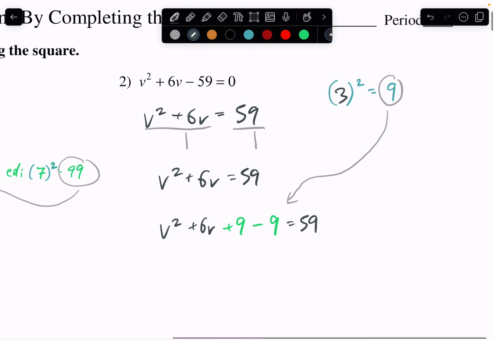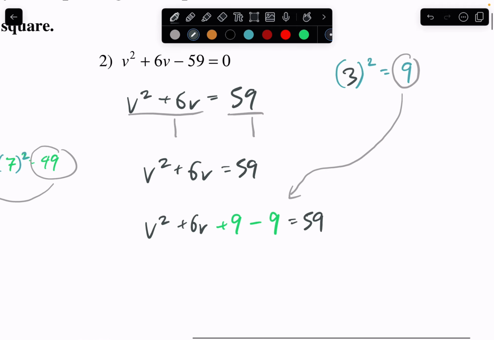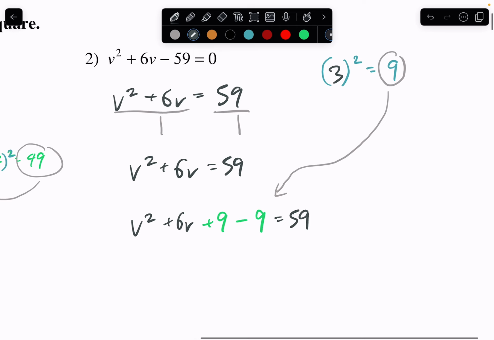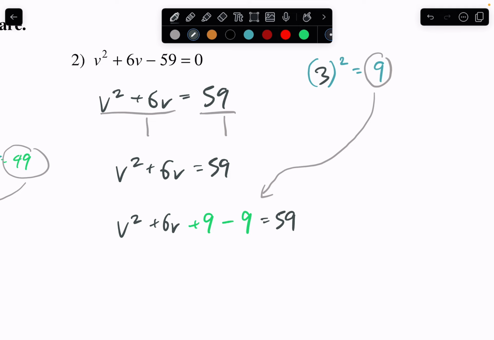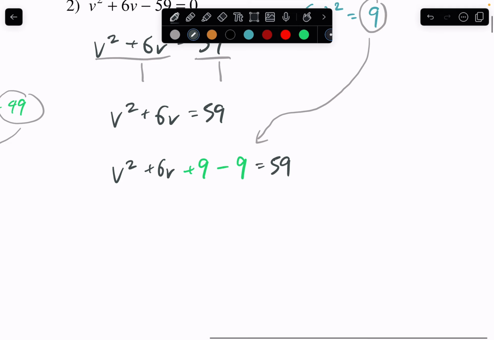The recent Notability update is a little weird. There's definitely more areas to improve on. If you're used to the previous layout of how you use Notability, then right now it's going to be a challenge. Anyways, these first three terms we need to factor them.